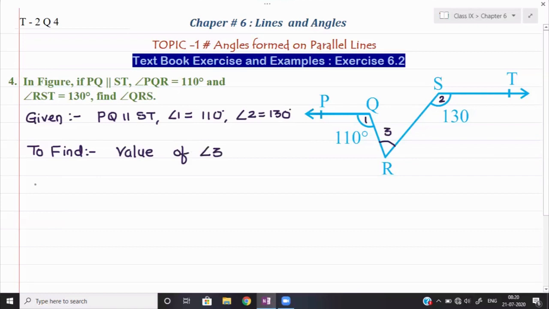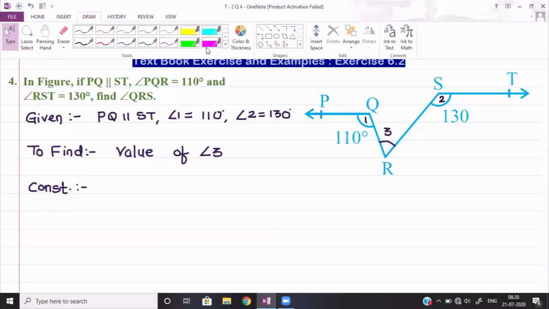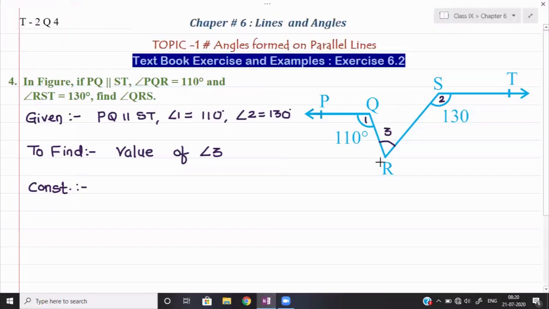Before proceeding to the solution, as I told you in the beginning, we shall write down the construction. First of all, let us do the construction and then we shall mention it in the heading. I am drawing one line parallel to the line ST. Let me draw a line from point R which would be parallel to ST, like this.